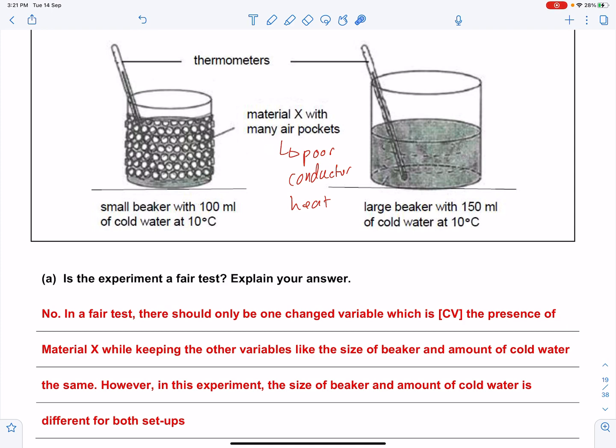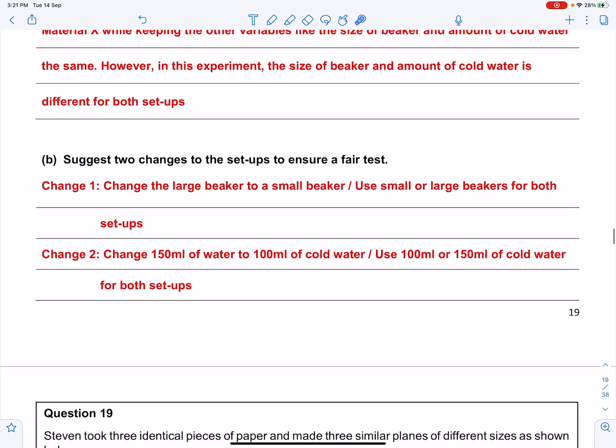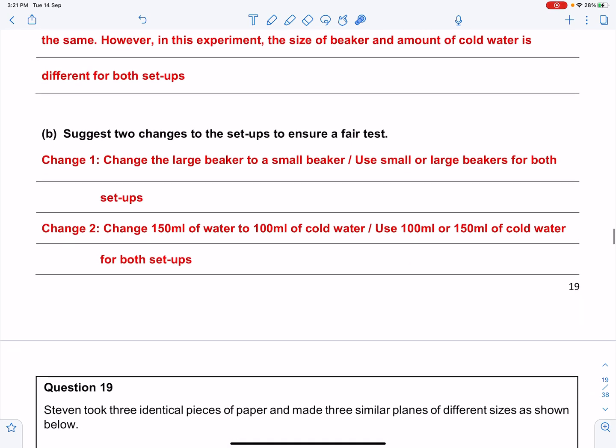Alright? So please go and look at the structure on how you can actually answer this type of question. Very important. So basically, suggest the changes to make it a fair test. So think of things that you can do. Now wherever they ask you to suggest something, it needs to be an action.